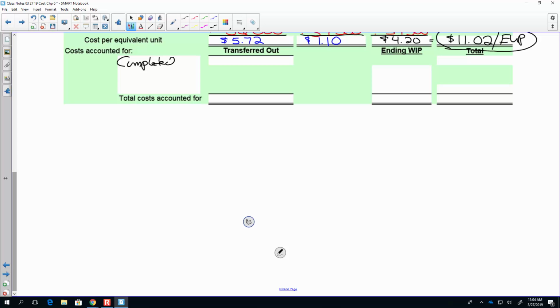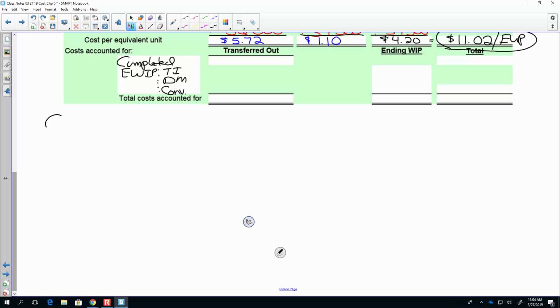And I'm going to have 3 lines here. Ending with transferred in, ending with direct materials, ending with conversion. That's why the box is a little bit bigger.